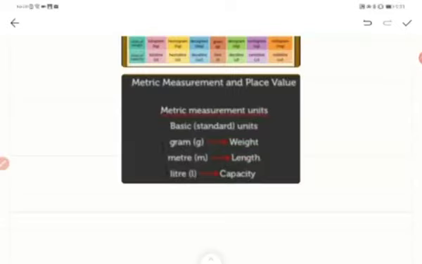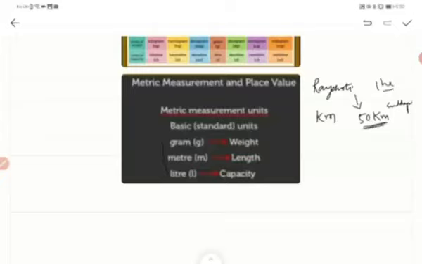I'm sure you would have heard about length as kilometer, right? You will say that such and such place is so many kilometers. For example, Raichoti is almost 50 kilometers away from your Kadapa, and it will take 1 hour to reach, approximately 50 kilometers.